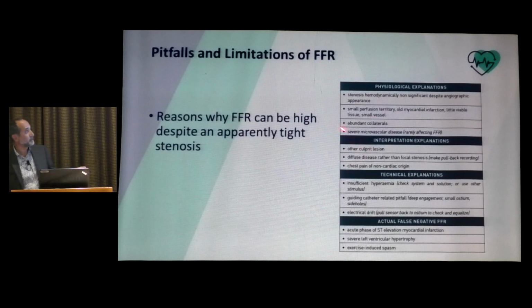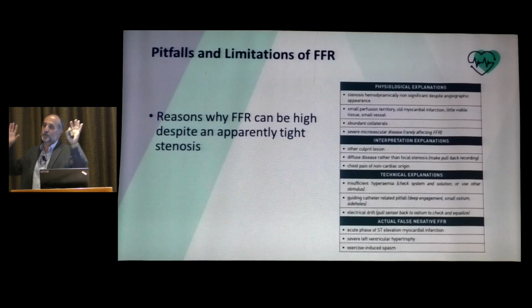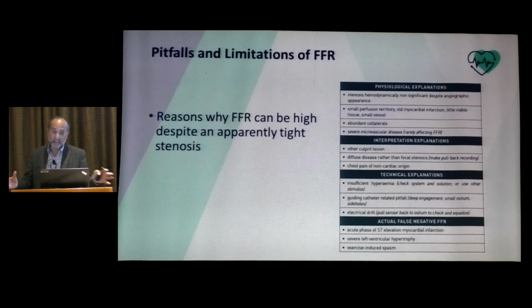Sometimes you get falsely high readings with FFR, and this can occur in different situations. I don't think we have time to go over these, but this is interesting. Sometimes you are doing a patient and you say, I'm sure I'm going to do the FFR because this lesion is very stenotic, the patient has angina, he has ECG changes, and I just want to do an FFR just to be objective.